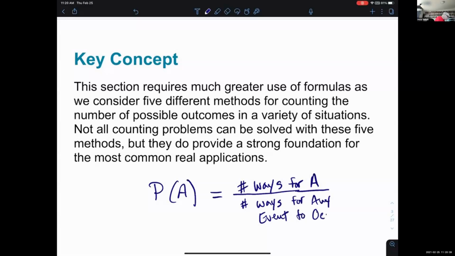And so the idea here is that there's counting involved.